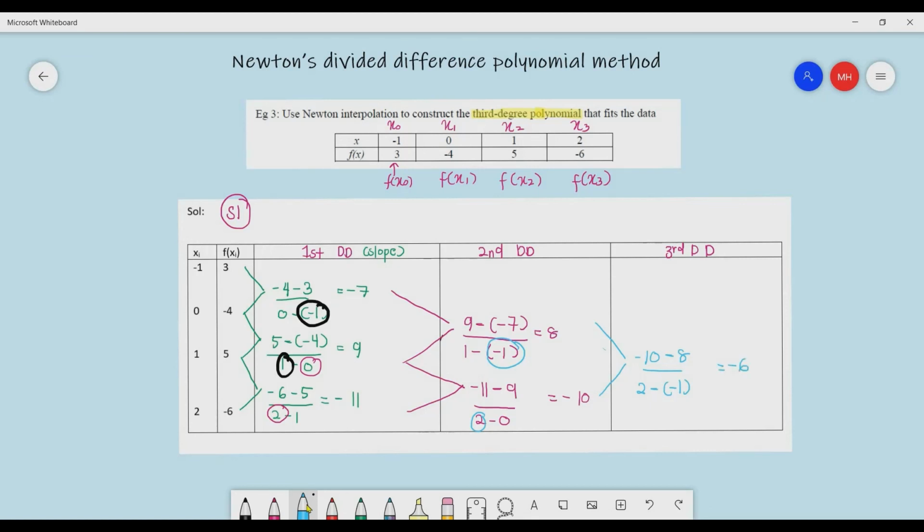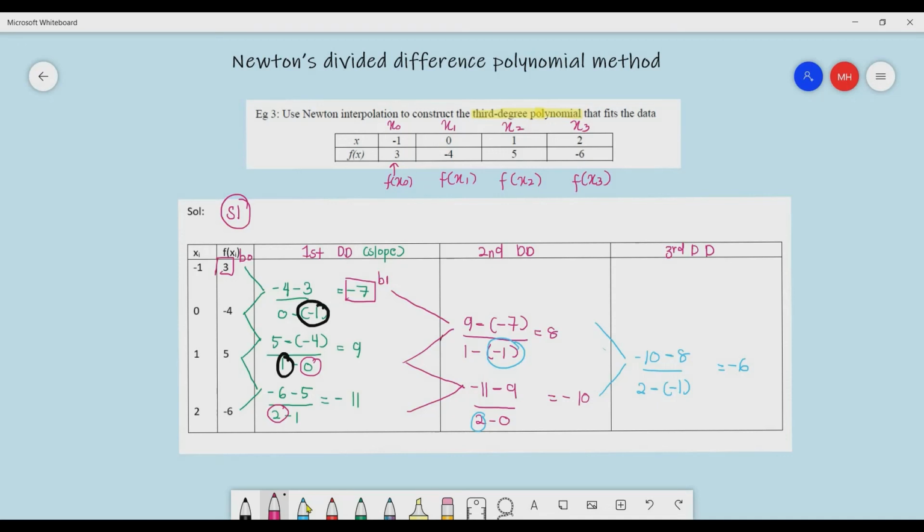As I mentioned before, the first entry for each column starting from f(x) will be your b. So we start here, f(x0) is your b0, and for the first divided difference, the first entry will be your b1.